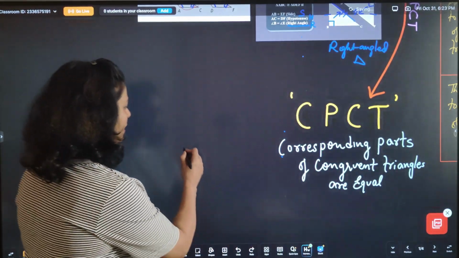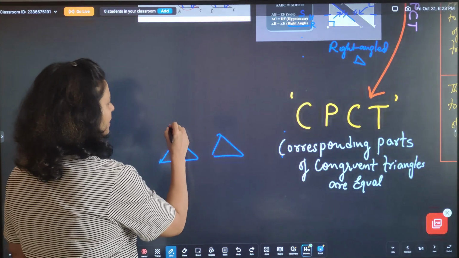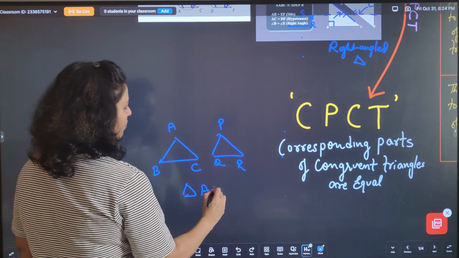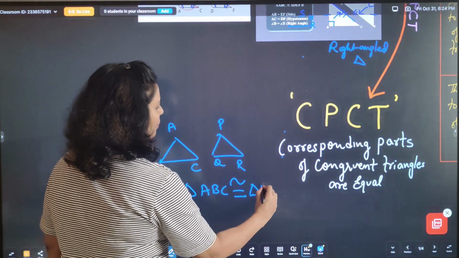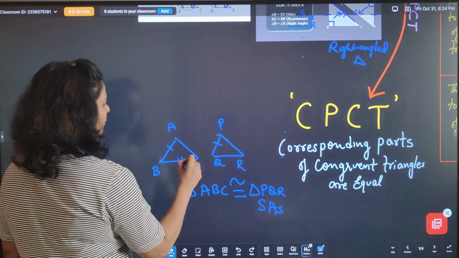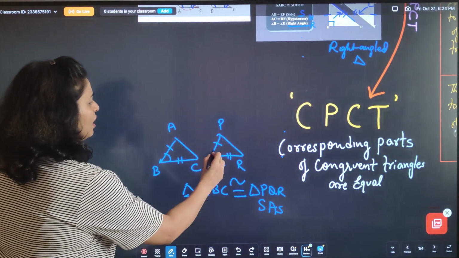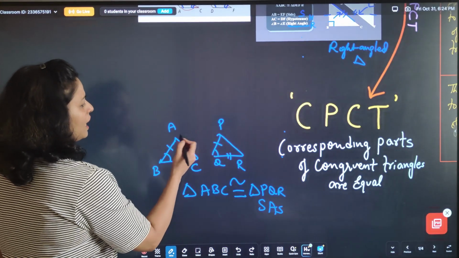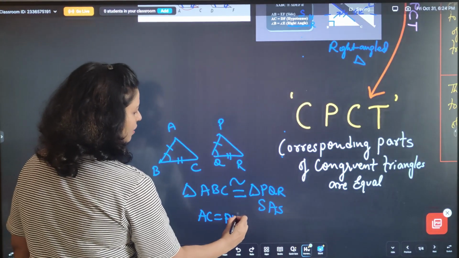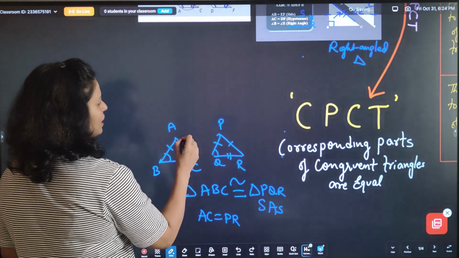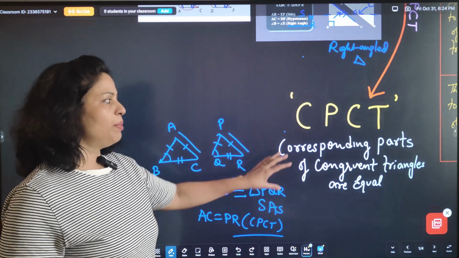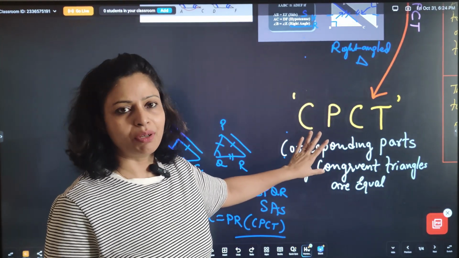So if we prove the congruency between two triangles, say ABC and PQR, if I say triangle ABC is congruent to triangle PQR, maybe by the SAS rule, and they ask you to prove whether AC is equal to PR or not, I can say AC is equal to PR, these two sides, they are equal by CPCT. CPCT is applied only once you prove the congruency between the two triangles.